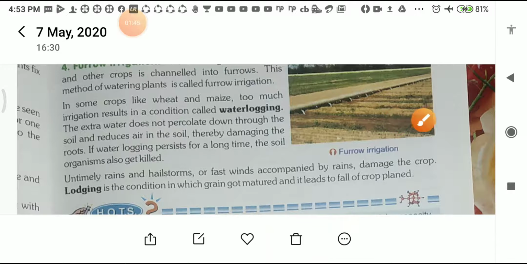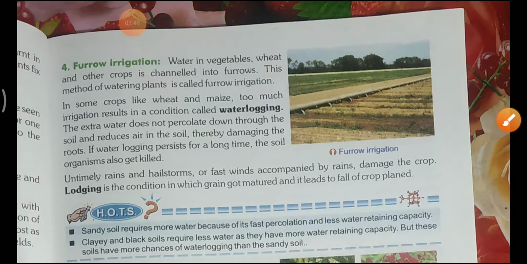Now see here, the next point is that in some crops like wheat and maize, too much irrigation results in a condition called waterlogging. Students, waterlogging means excessive irrigation. When too much water is given to the soil, it becomes wet and water accumulates around the plant.